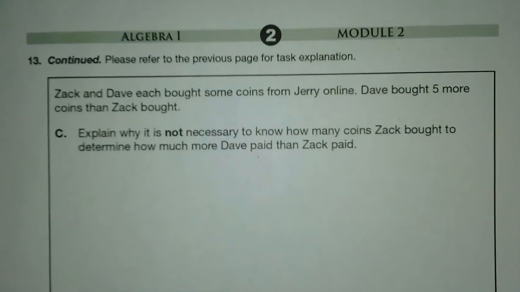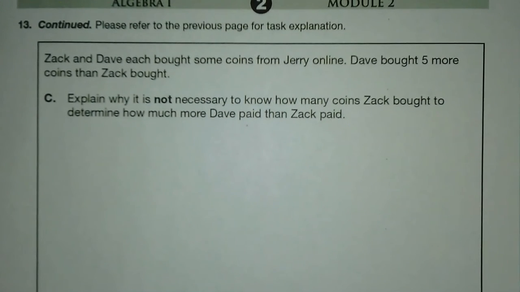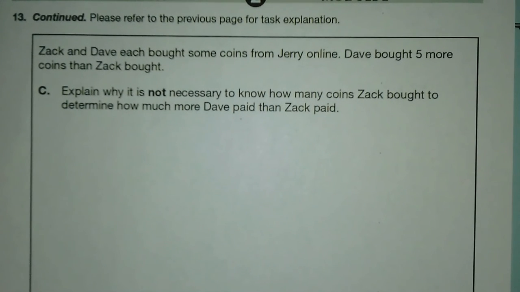When we turn the page, we look at part C and part D. Okay? Zach and Dave each bought some coins from Jerry online. Dave bought 5 more coins than Zach bought. Explain why it is not necessary to know how many coins to determine how much more Dave... Oh my God.